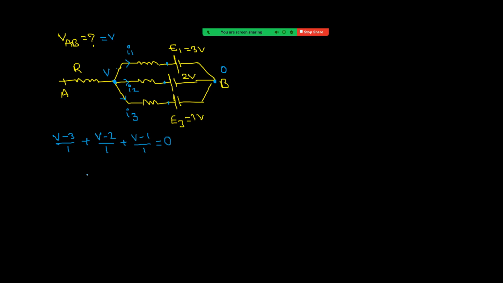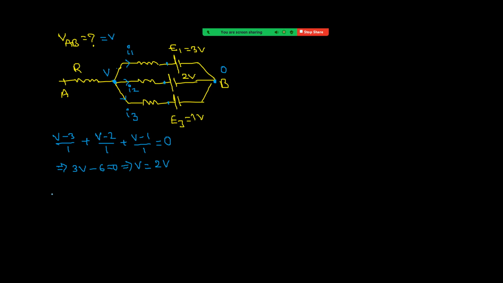The algebraic sum equals 0. From this we can get the V value. V plus V plus V is 3V, and 3 plus 2 plus 1 is 6. So 3V minus 6 equals 0, that implies V equals 2 volt. We now have the V value.